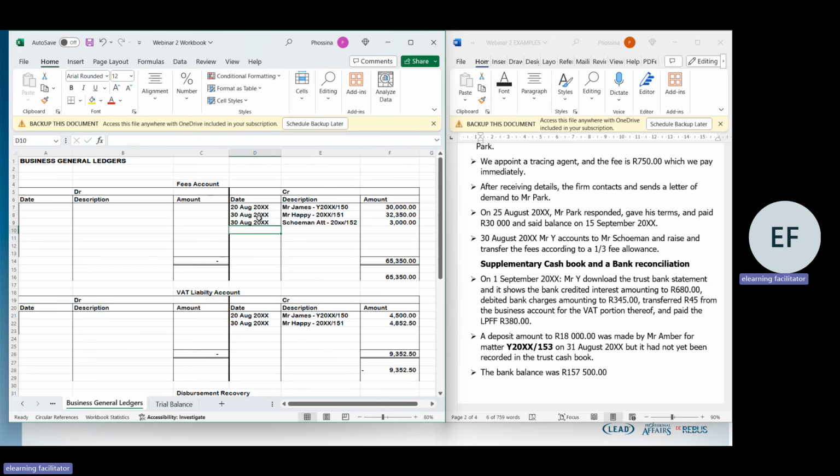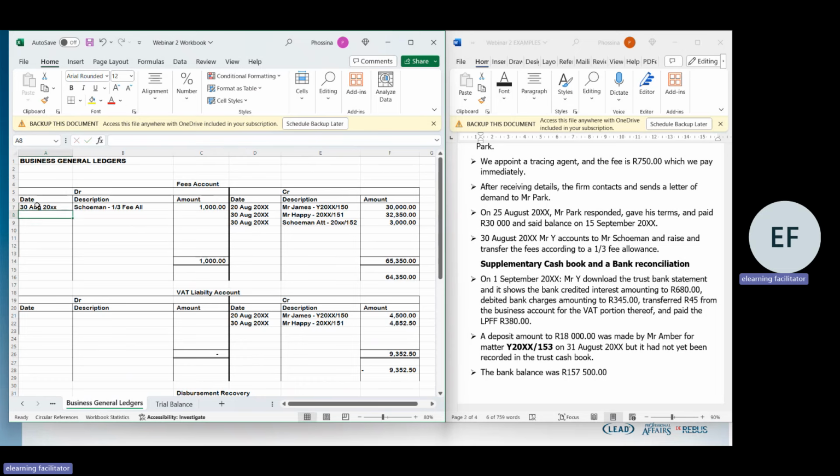But this is not all ours. We are sharing it, on 30 August 20XX, with Skuman attorneys. So it's their 1/3 fee allowance. How much? 3,000 divided by 3.